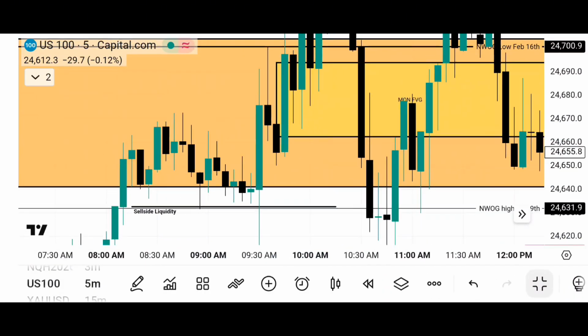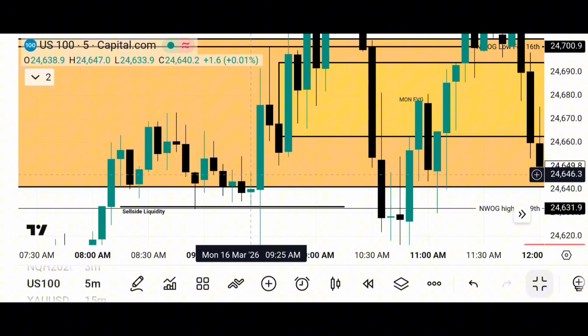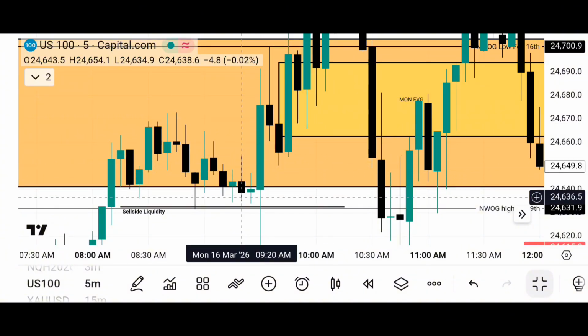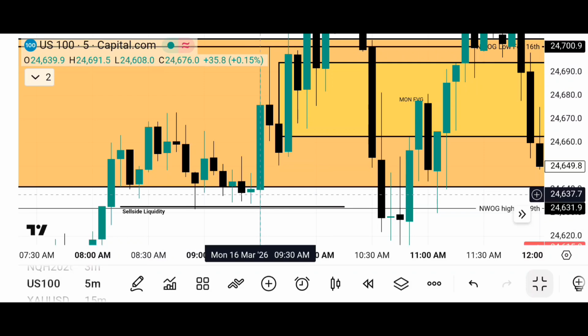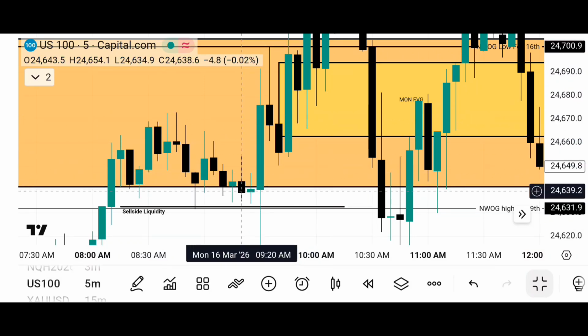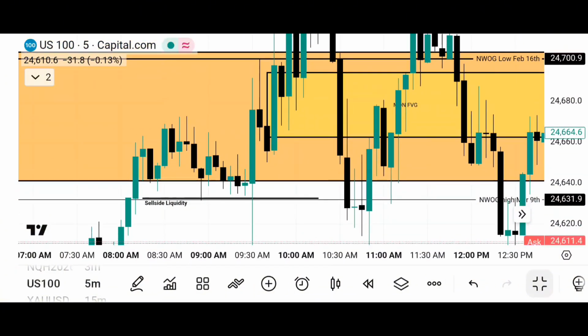Also on the 5 minute time frame, you can see a large fair value gap as well. Then we can see this order block right here, this down close candle accompanied with this up close candle. So this down close candle is an order block, but price didn't drop to the body, it just dropped into the wick.